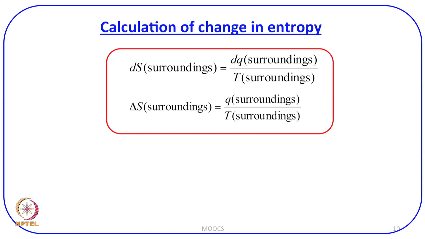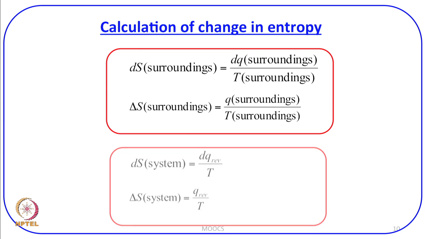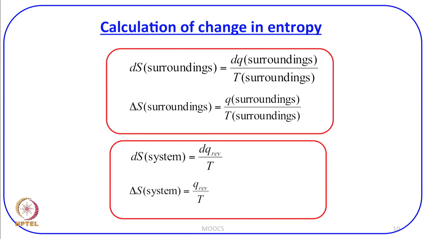However, when we are interested in calculating the changes of entropy in the system, we must use this formula. ds system is equal to dq reversible by T. And remember, even if the process is irreversible, we must find out a reversible path and get the information on dq reversible and use this formula dq reversible by T.